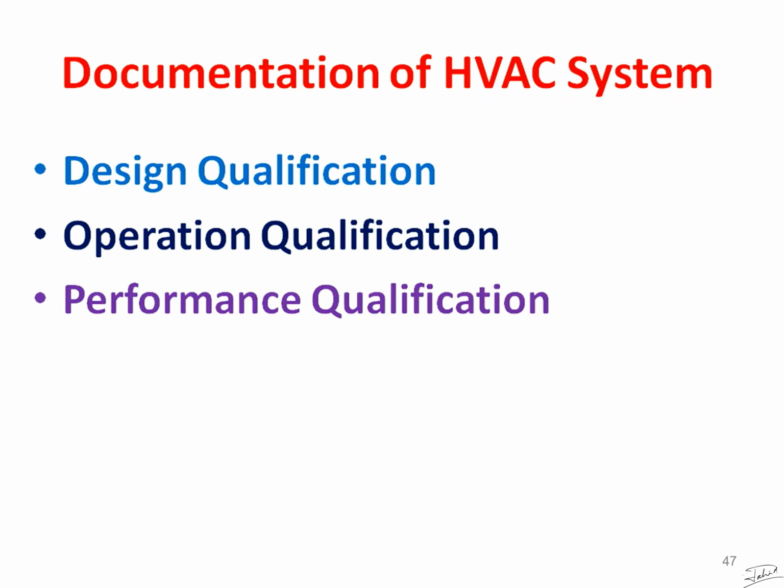So after the preparation, maintenance, and validation of the HVAC system, we have to document this. Okay, documentation means whatever the design, operation, and performance of the HVAC system, we have to document in a particular format.